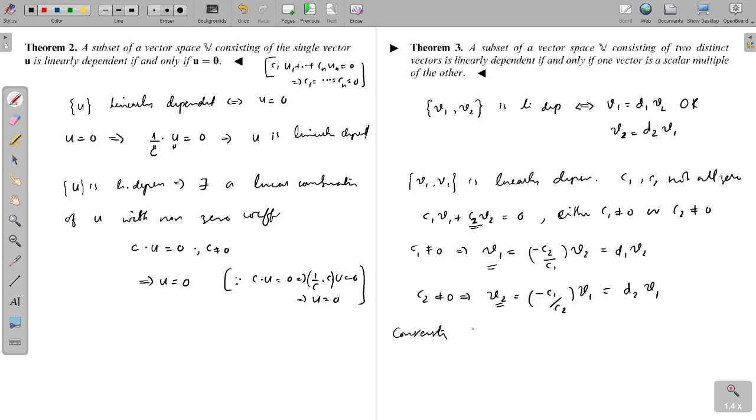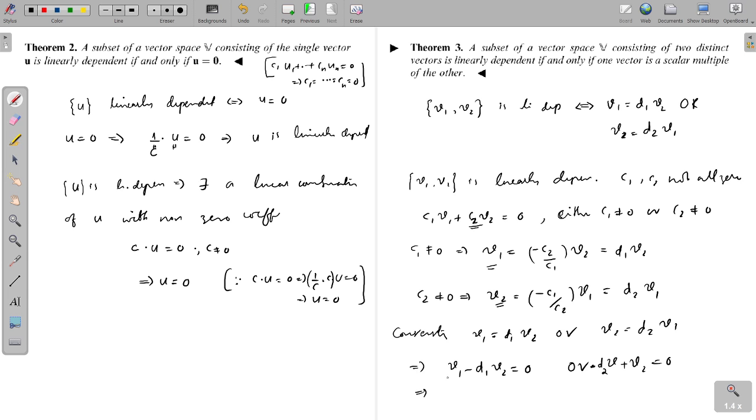you assume one of them, either v1 is equal to d1 v2 or v2 is equal to d2 v1. Then this implies we have v1 minus d1 v2 equal to 0, or minus d2 v1 plus v2 equal to 0.